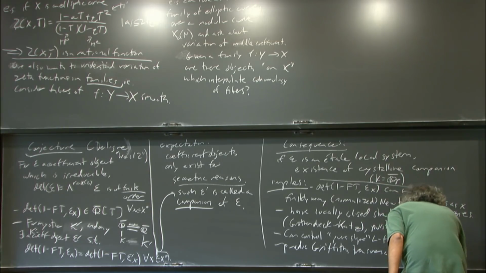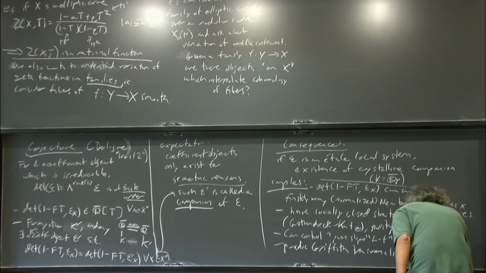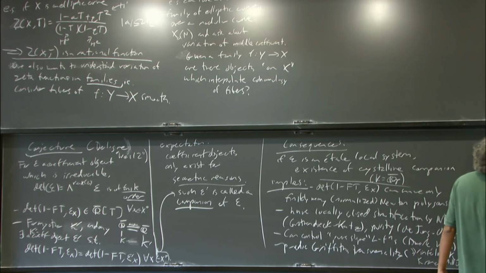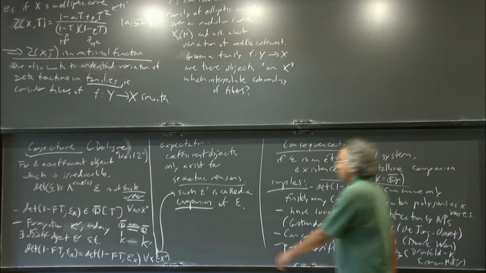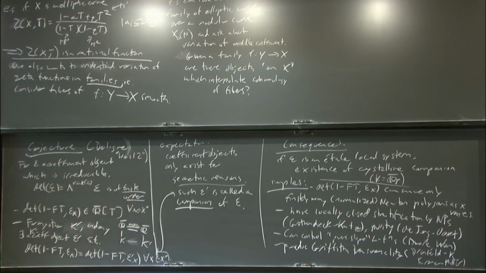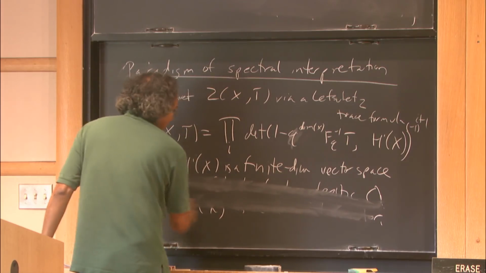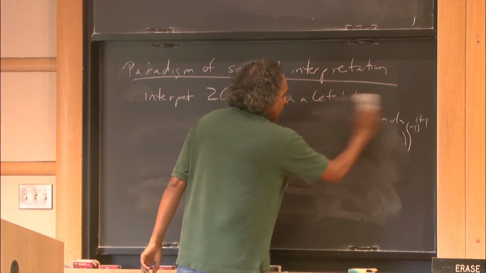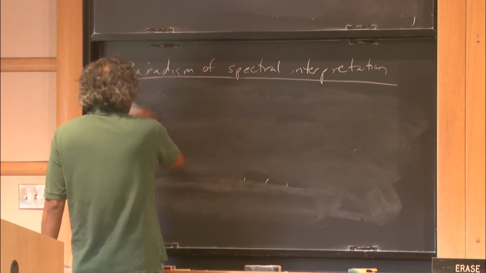So this is a theorem of myself with Drinfeld. And last week, Joe Kramer-Miller gave us a talk about his alternate proof of this. So that's a short summary of different things that you could do if you actually knew the existence of these companions. There are other things you can do that are a little bit more advanced.